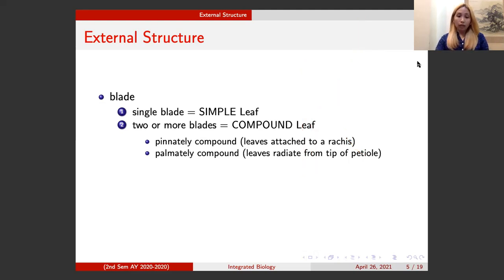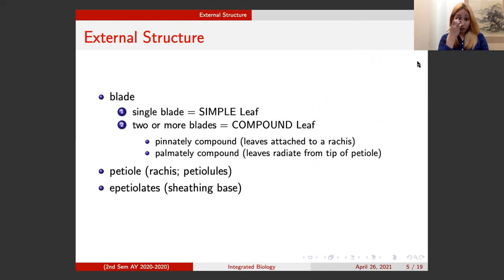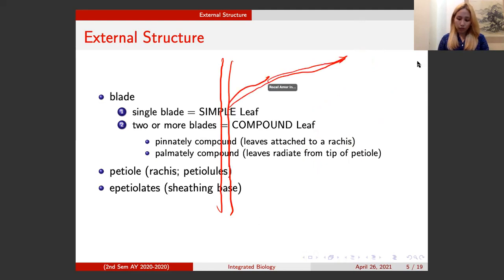Okay. Now, as was mentioned earlier, you have the petiole, and then you have the rachis. Sometimes, if this is your stem, and you have a petiole, and then you have a rachis extending out of the petiole, the pinnately compound leaflets are also pinnately compound.